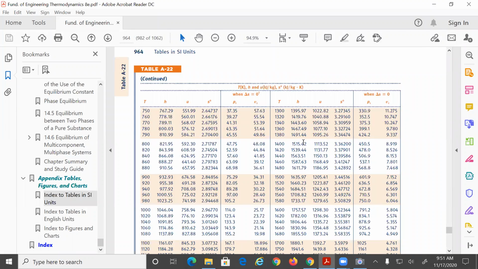We have that H is going to be equal to 1515.42. Okay? So it's from Table A-22. At T equal to 1400, we have H3 equal to, again, 1515.42.